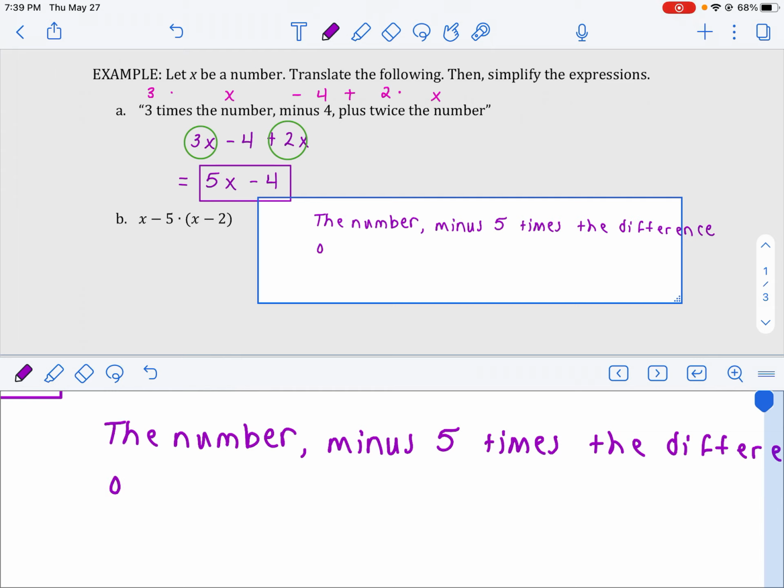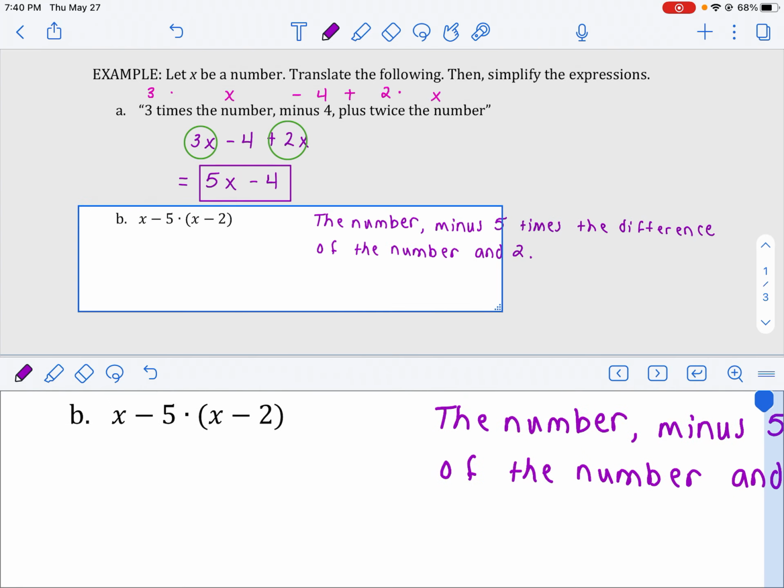So the difference of the number, because it's x, and 2. And so we actually had a discussion in class about that. The and is telling you where to put the subtraction symbol, the difference, that wording. There are many right answers to write this English sentence, so please don't think this is the only way that you could do that.